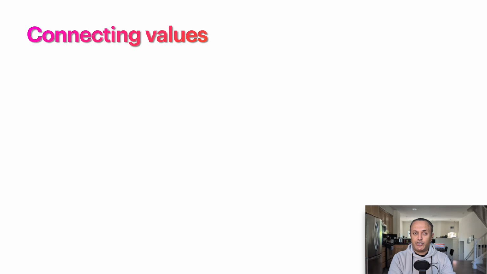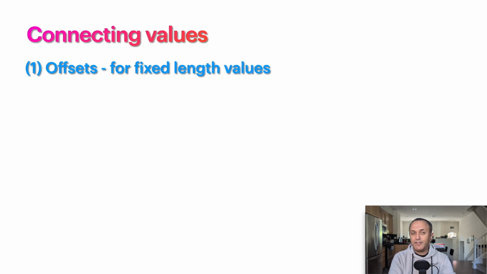There are multiple ways to achieve this, so I will explain 2 ways here, and different systems may use any of these. The first way of doing this is using offsets. This works well for data types that have fixed length values. For example, we're talking about integers, dates, any of these data types that have a fixed length, like 64-bit values, 32-bit values, and so on.